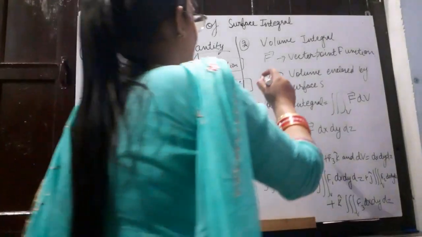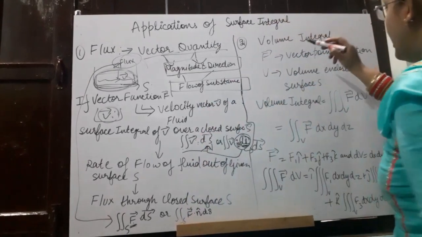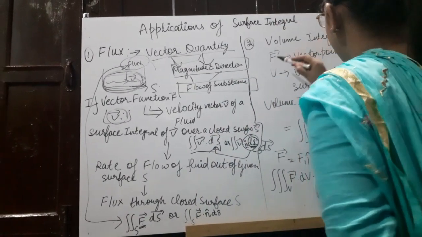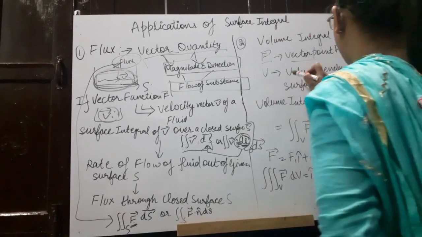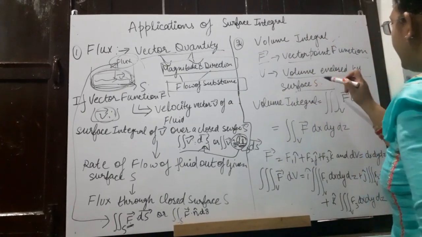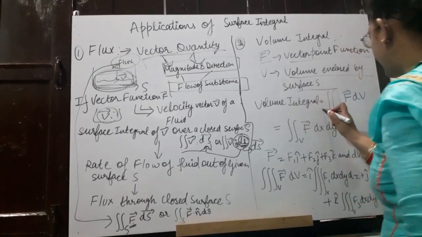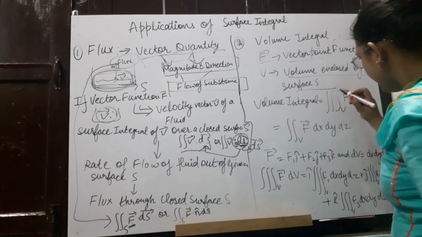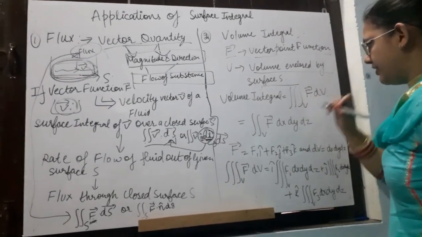Next, we have the volume integral. How will we find the volume integral? In this, f is our vector point function and V is the volume enclosed by the surface S. So the volume integral is the triple integral over V of f vector dv.